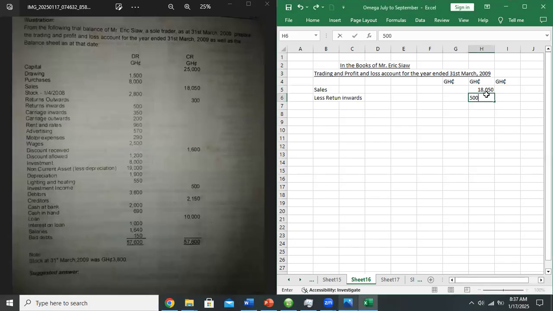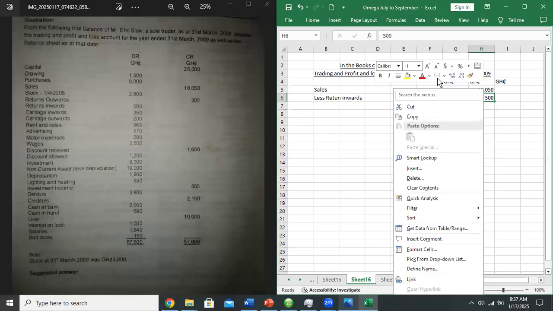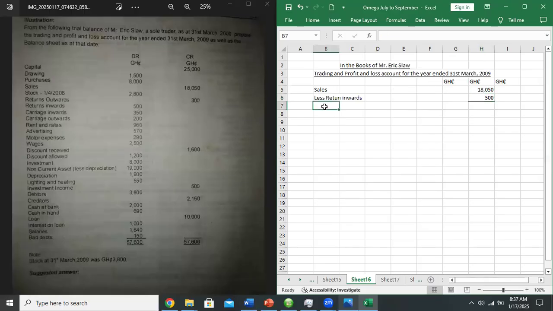So when we less that, Prof, if your calculator is ready, when you less your return inwards 500 from 18,050, what are you getting as your net sales?